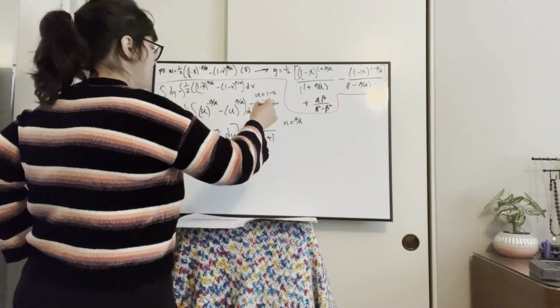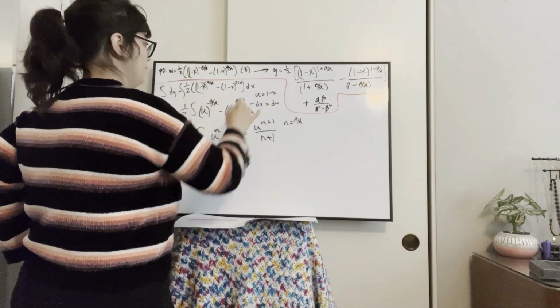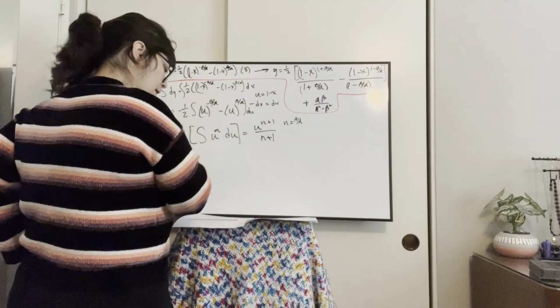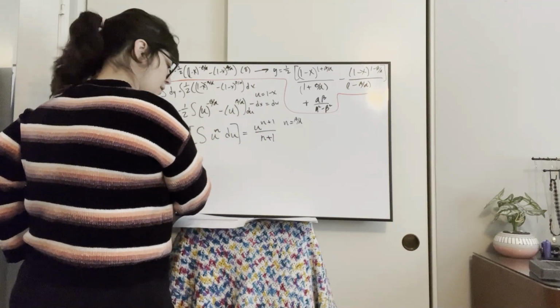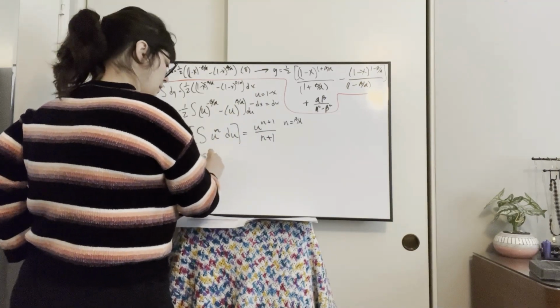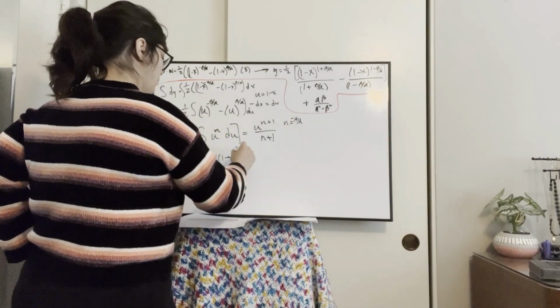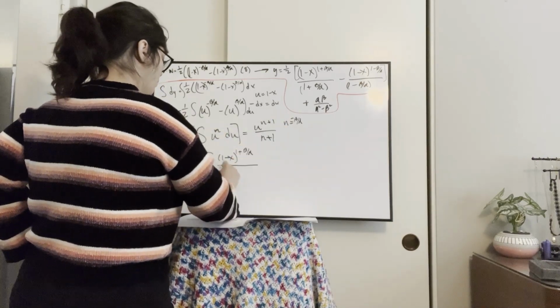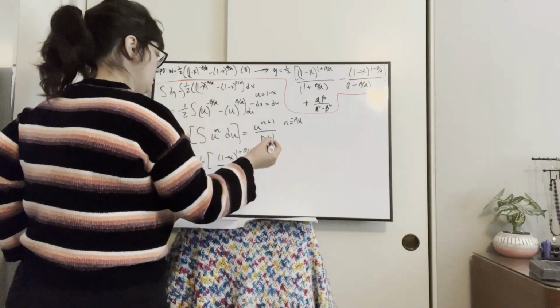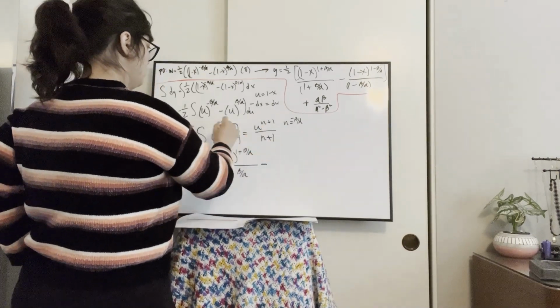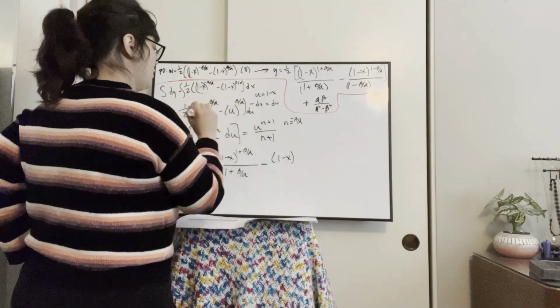So we're going to sub everything back in from our u and our n, and we're going to have y equals 1/2 times (1 minus x) to the 1 plus beta over alpha all over 1 plus beta over alpha, and that's going to be subtracting our u, 1 minus x, to the beta over alpha.